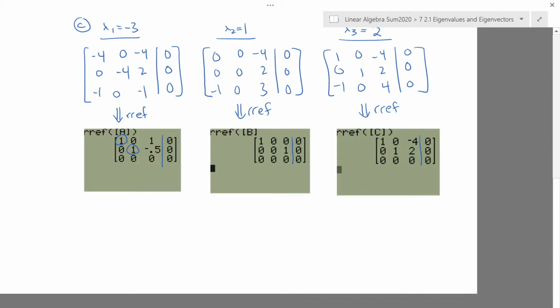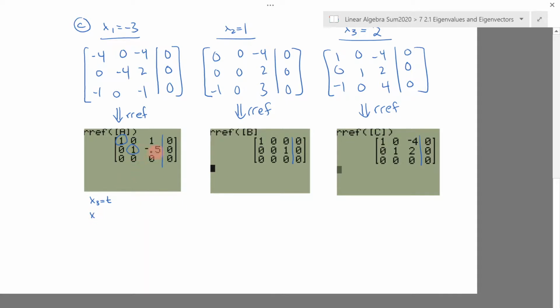So this column is free, right? So x3 is equal to t. And then, okay, so what's row 2? Row 2 says x2 minus 1/2 t is equal to 0. I don't have so much space here.